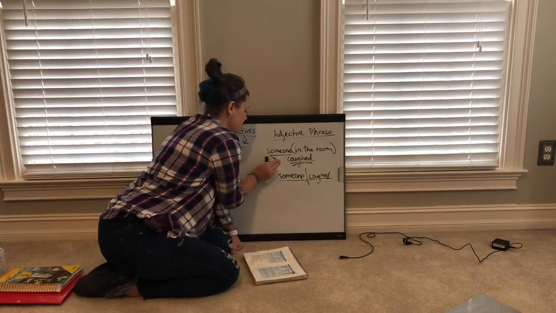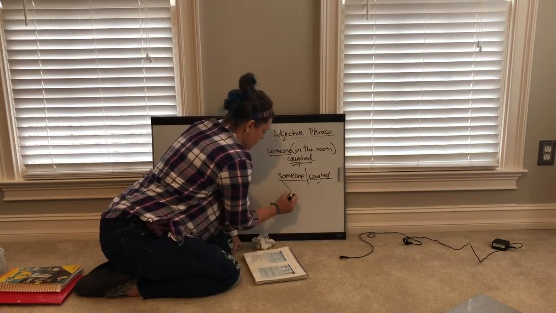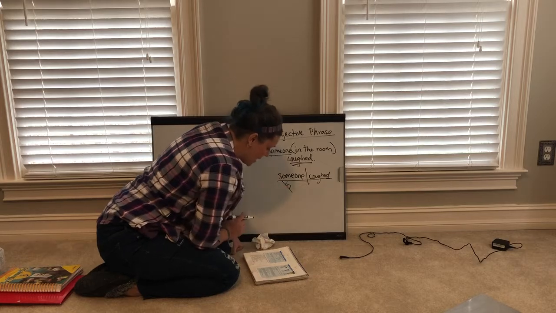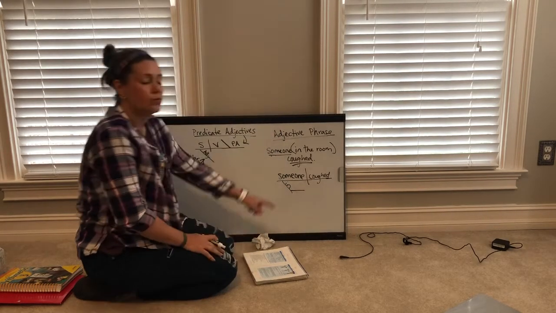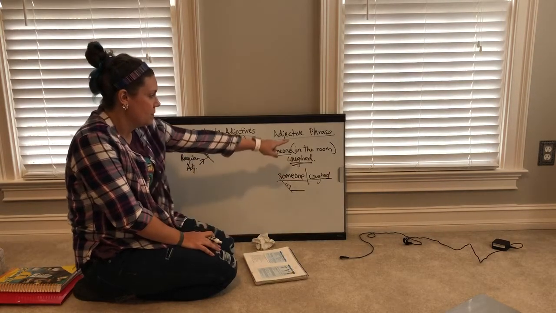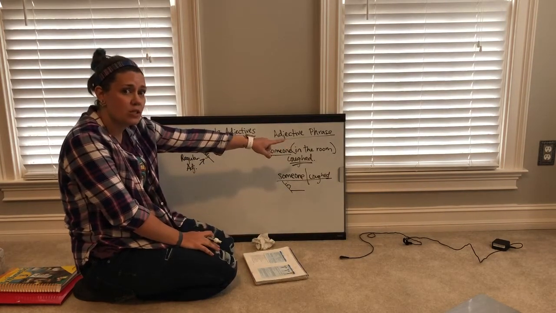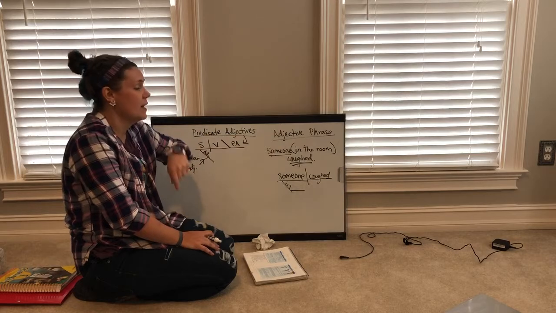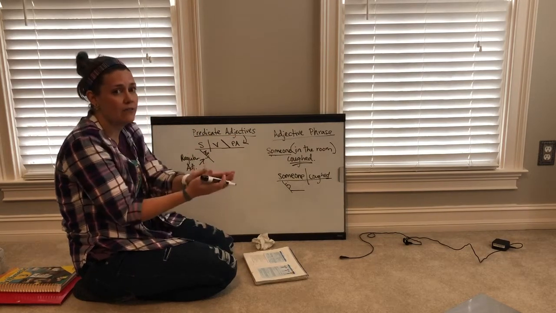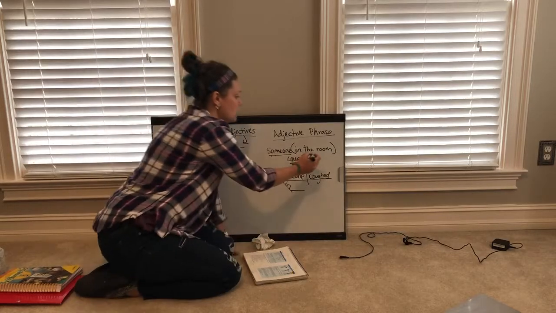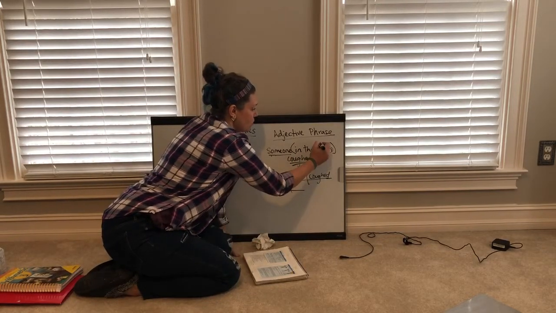Wrong line. Right here. And then off of that, you're going to draw a straight line, and you're going to write the object of the preposition on that line. Remember, it is the noun or the pronoun that comes right after the preposition, which in this case is room.